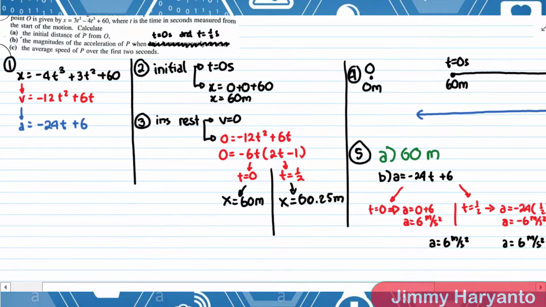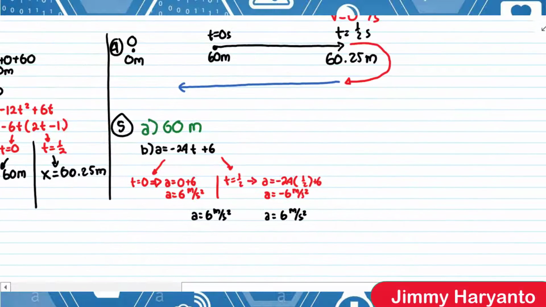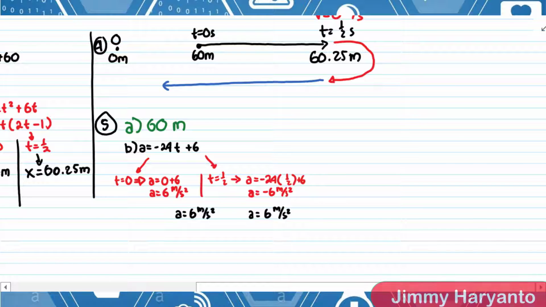Next is for C, the average speed of P over the first 2 seconds. For the C, we have to find the average speed, and we already know that average speed is about distance, so we have to find the position first. The position of the particle when the time is 2 seconds. I will calculate it using the equation of the x.